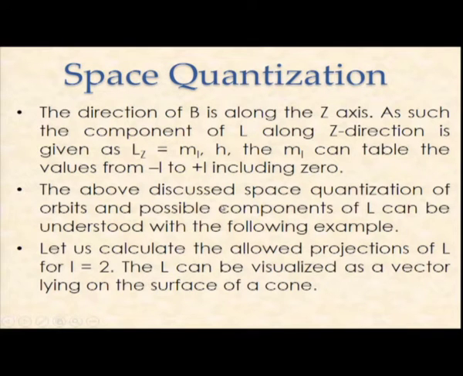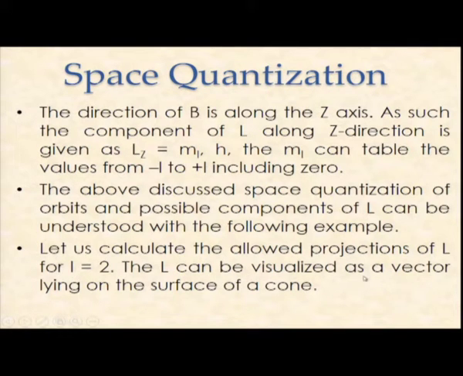The discussion about space quantization of orbits and possible components of angular momentum can be understood with the following example. Let us calculate the allowed projection of the angular momentum for the total angular momentum. Capital L denotes the total angular momentum, and this L is the orbital or azimuthal quantum number, for L equal to 2.